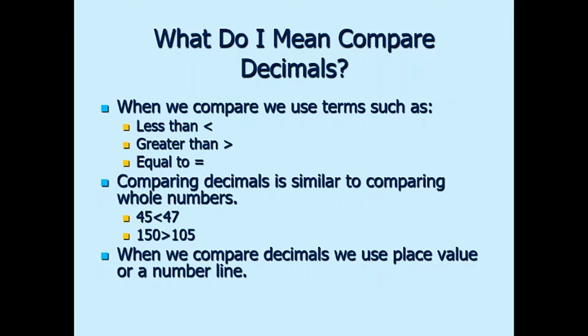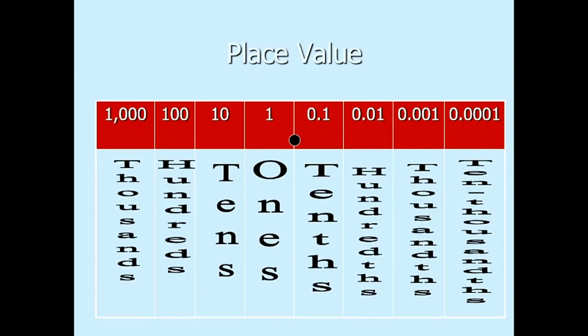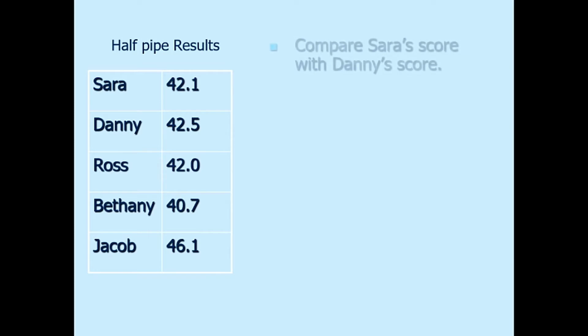When we compare decimals, we use place value or a number line. This is our place value chart. At the center, you will see the decimal point. Now, let me give you an example. Compare Sarah's scores with Danny's scores.